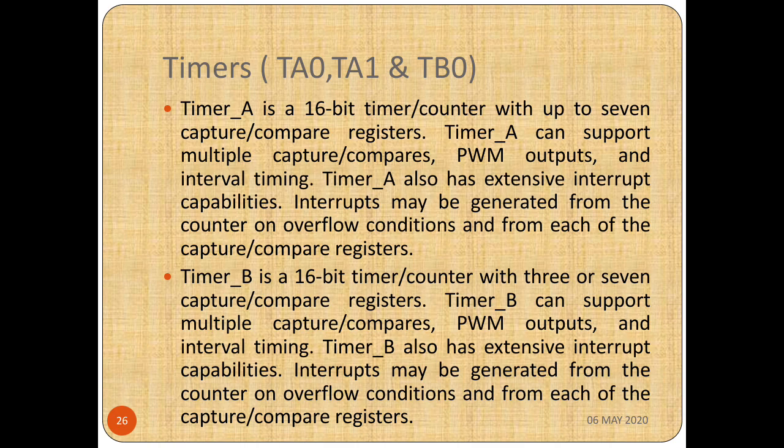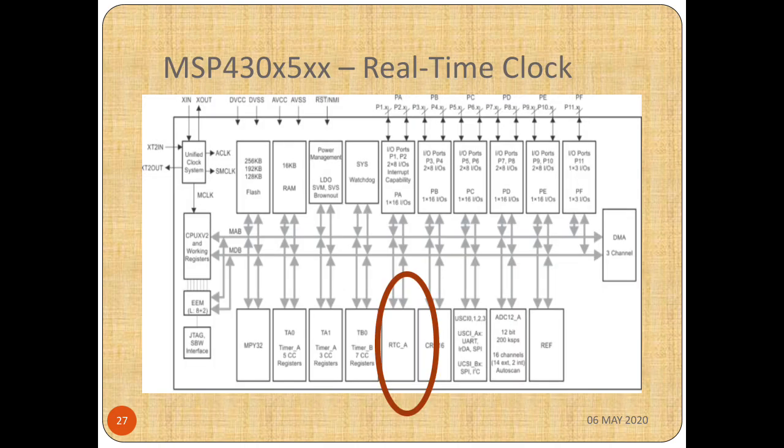When counting the interval time, it can go upwards like 0 to n, or downwards like n to 0. The timer size is 16 bit, and we use this timer for providing time delay.